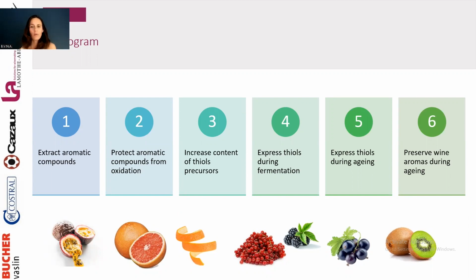Okay, so a pretty complete presentation on the full winemaking process. I put some images there just as a reminder that thiols smell mostly like passion fruit, grapefruit, citrus peel, lemon peel, any citrus, gooseberry, but also lately, and you will see, we found many thiols in red wine that can smell like blackcurrant, red currant, and basically berries in general.